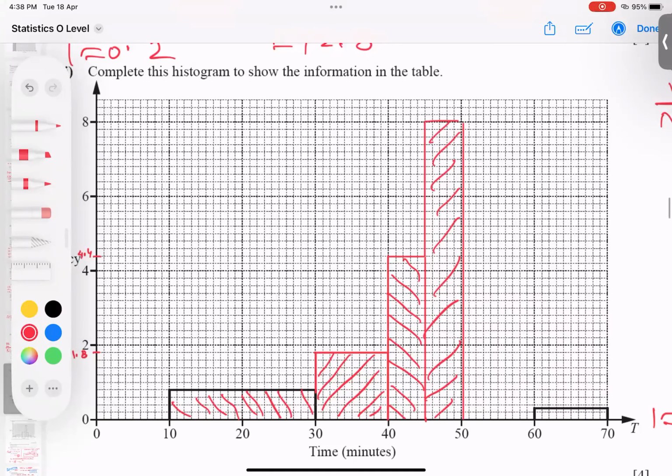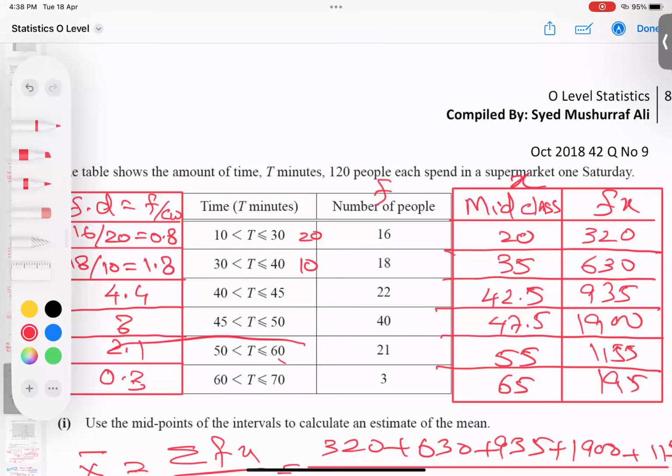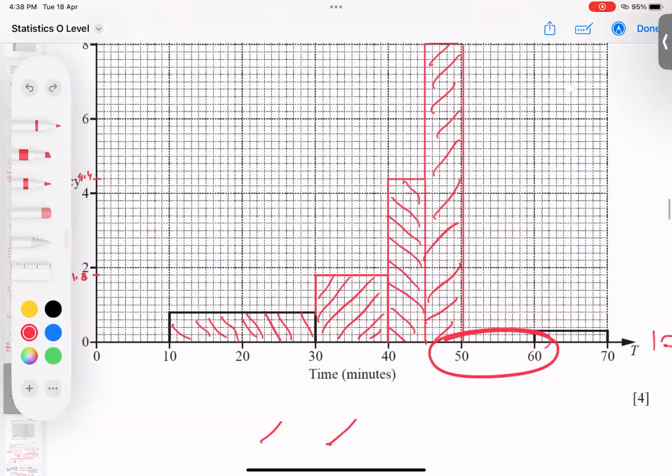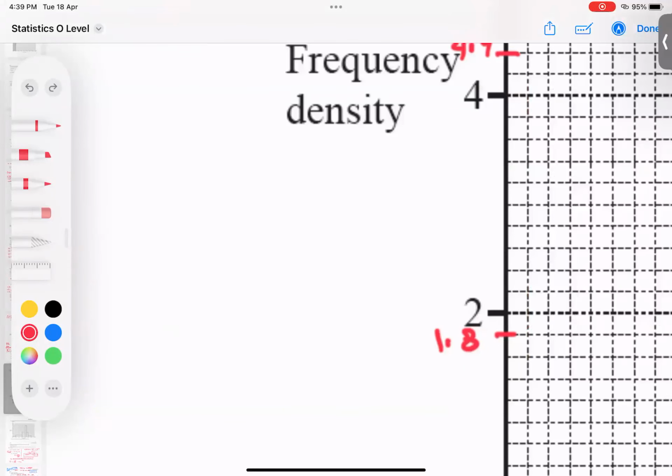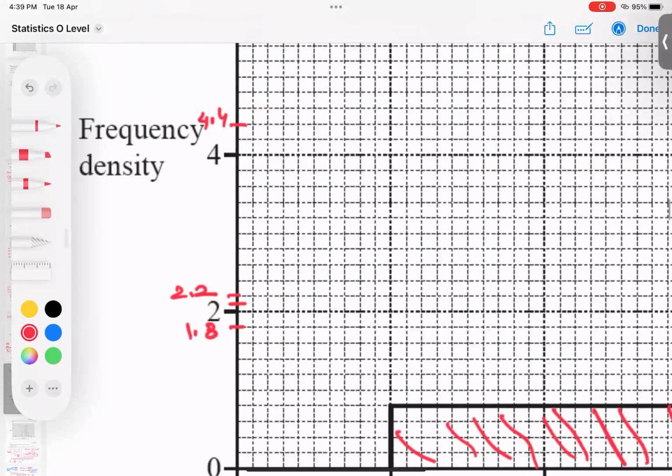So the last one: 50 to 60, and height is 2.1. 50 to 60 here, and 2.1. Where's 2.1? This is 2.2 for your knowledge. Where's 2.1? In the middle of that. So we are so careful regarding these things, okay?